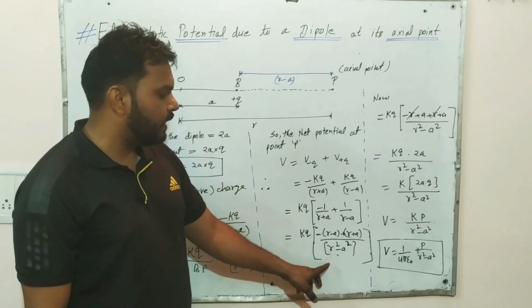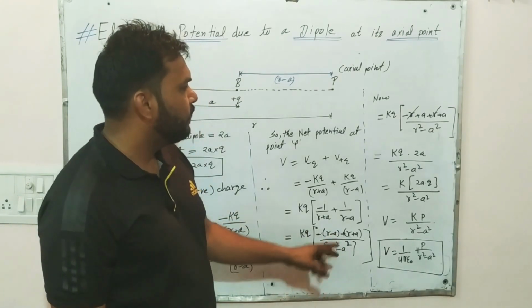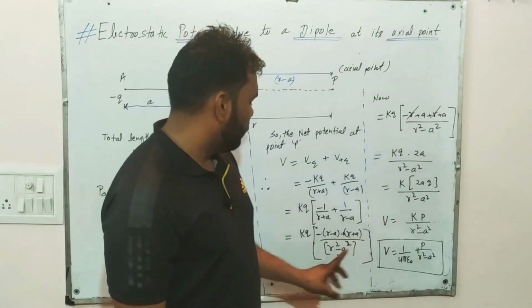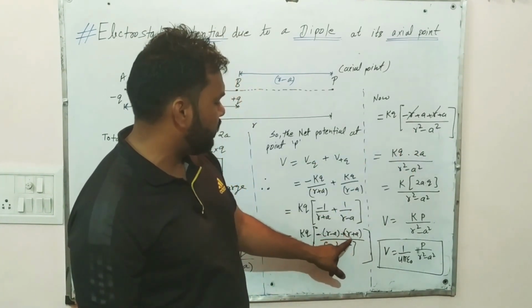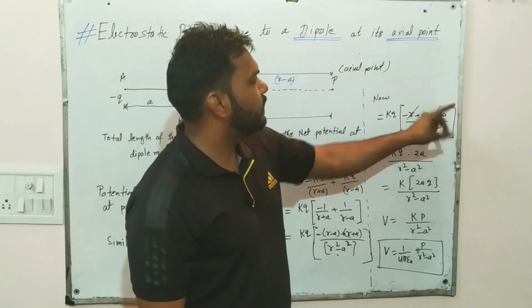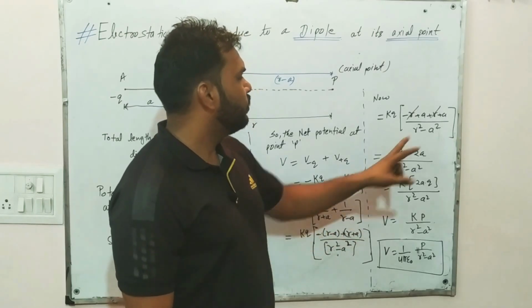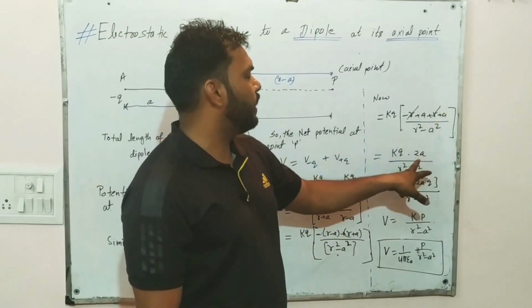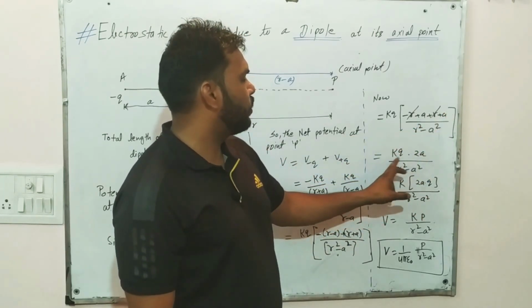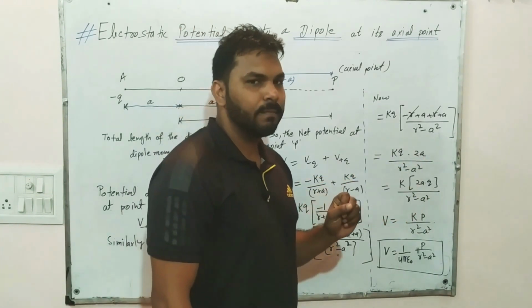So we replace it by r square minus a square. Now just open the bracket. We have kq into minus r plus a plus r plus a. So minus r cancels with plus r, and we are left with a plus a, which is 2a. So we have kq into 2a upon r square minus a square.